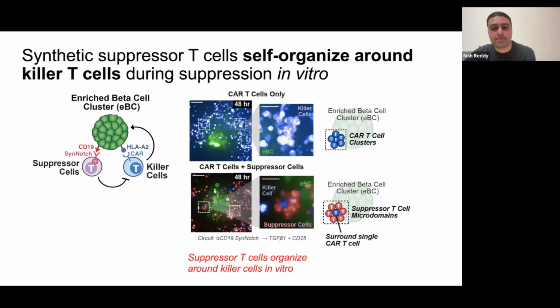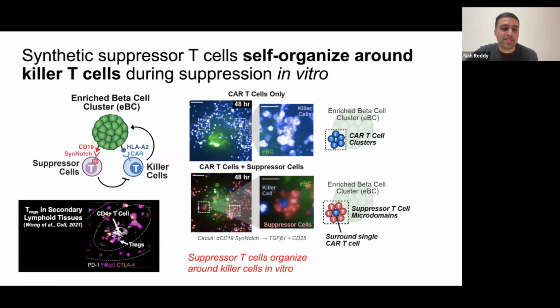And so we see some similarities here to what we see with regulatory T cells in secondary lymphoid tissues, where individual CD4 T cells that are being activated by an APC actually get surrounded by T cells to prevent self-antigen recognition or these sort of undesired immune responses.